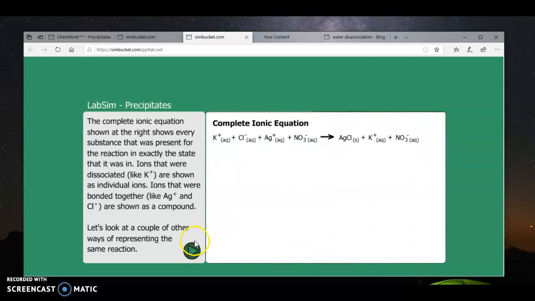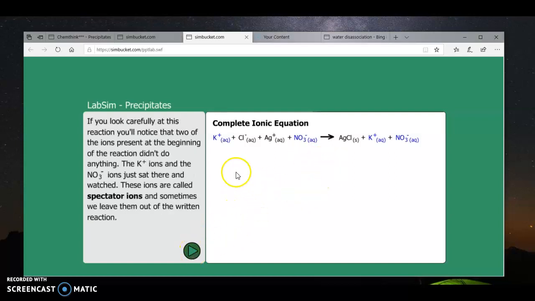If we were to write this out as a complete ionic equation, this is an equation that shows all the different ions in solution. Now, we notice that these potassium and nitrate ions don't change over the course of the reaction.